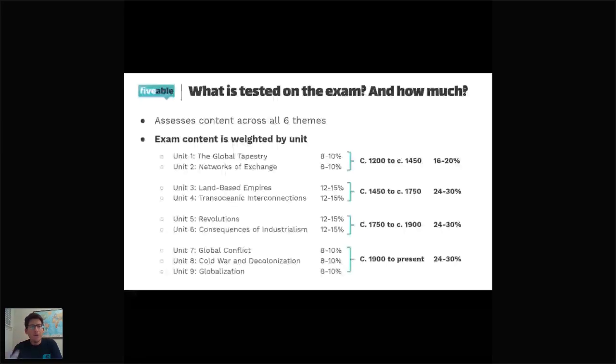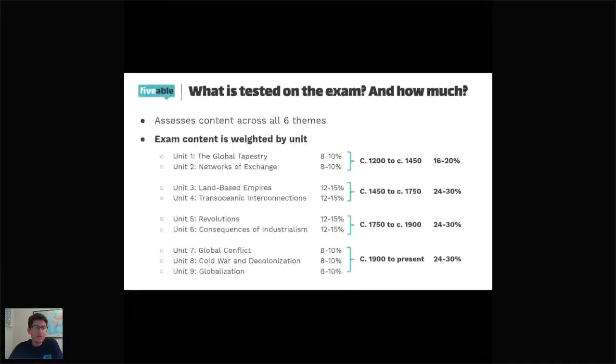So moving on, Unit 5, revolution. Unit 6, industrialization. Those are captured from 1750 to 1900, or what we used to call Unit 5, for any teachers who are perhaps adjusting to these new courses. And that makes up, again, 24 to 30% of the exam.